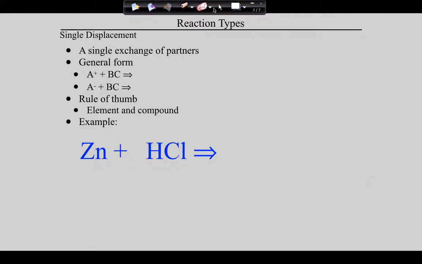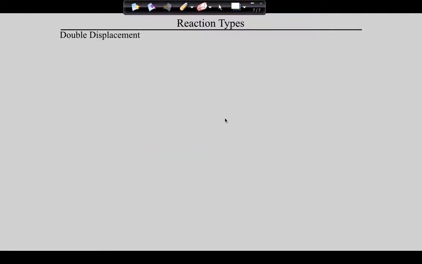Single displacement reactions. If we can do it once, we can do it twice. Double displacement reactions. By definition, a double displacement reaction is a double exchanging of partners. The general form of it, then, is based upon this foundation. 2 compounds, AB and now CD.